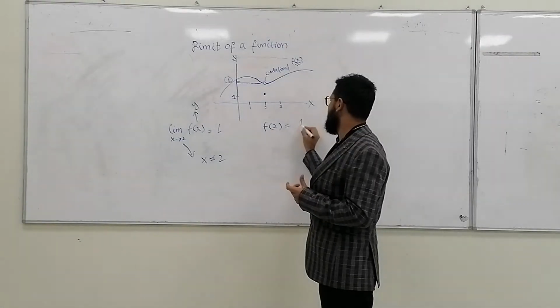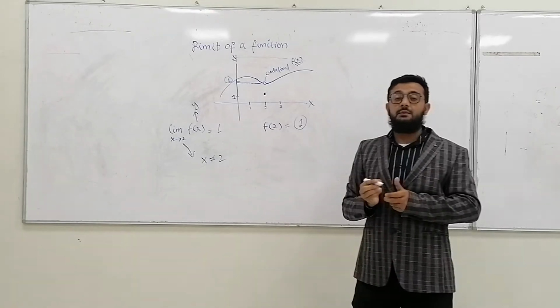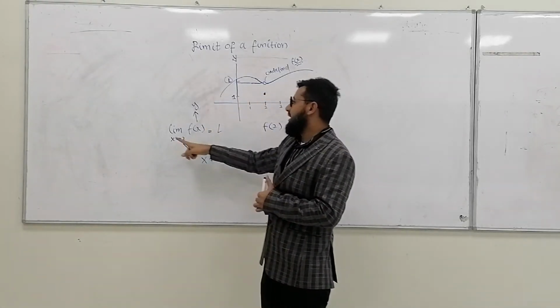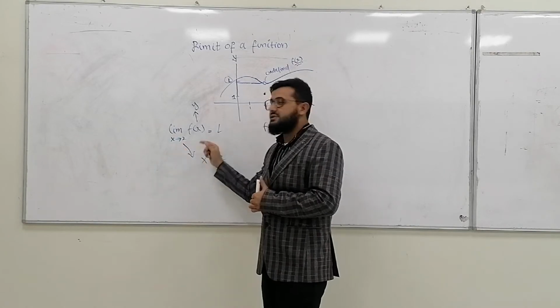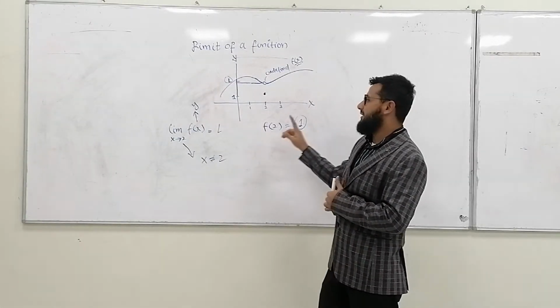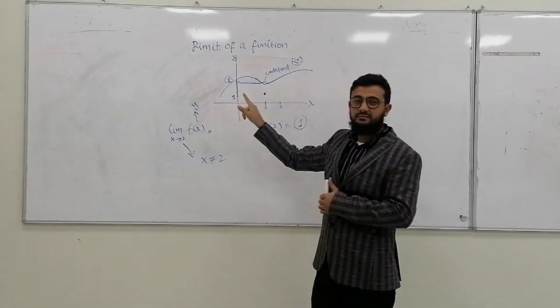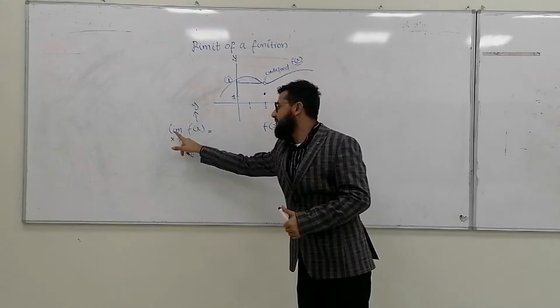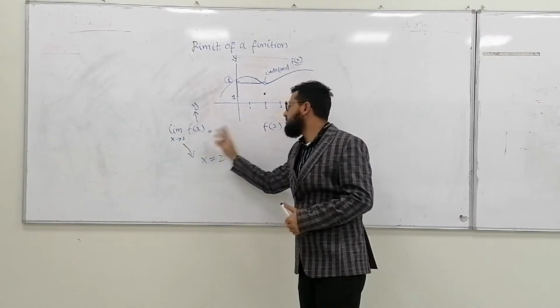So f of 2 is 1. But still, if you ask me what the limit of f of x is when x approaches 2, do you think I'm going to say the answer is 1? No. I'm not going to say the limit of f of x when x approaches 2 is equal to 1.